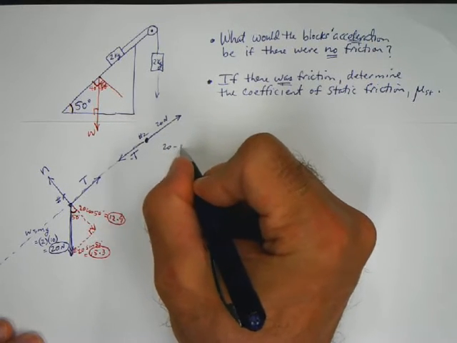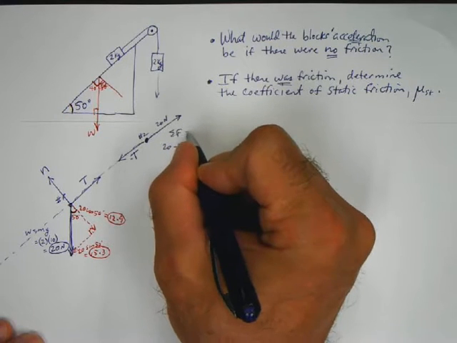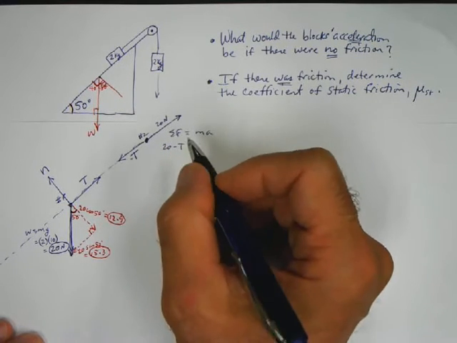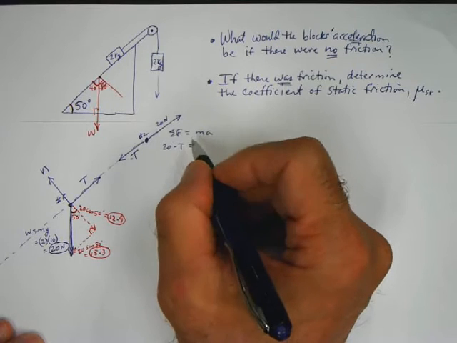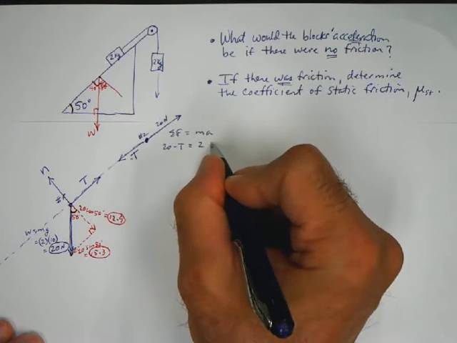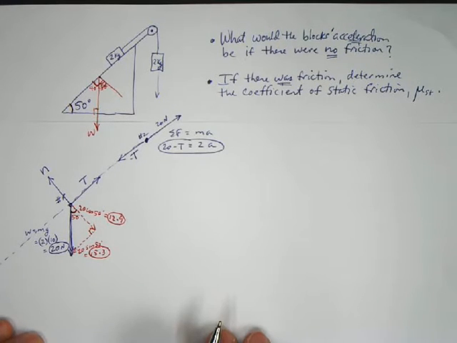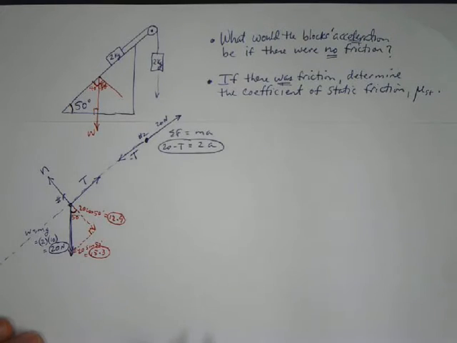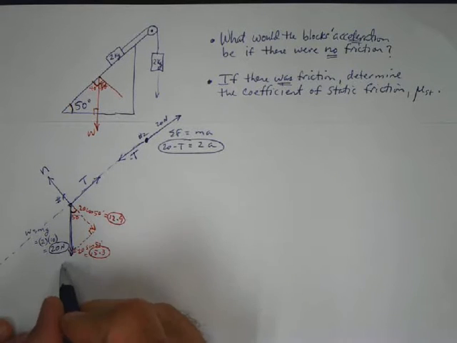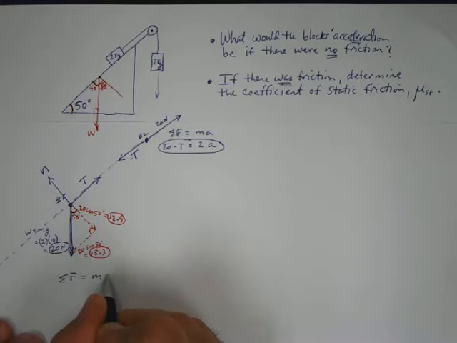Well, if we make to the right positive and to the left negative, that'd be like a negative T right there. We'd have 20 minus T. Remember, the sum of the forces is equal to ma, right? So 20 minus T is equal to the mass m of 2 kilograms times a. So there is one equation that we can use. It has two unknowns, but that's okay because we're going to get another equation from this free body diagram.